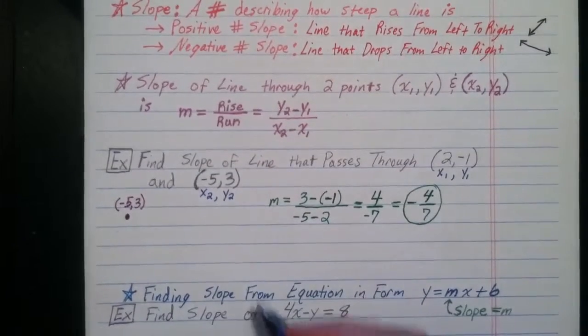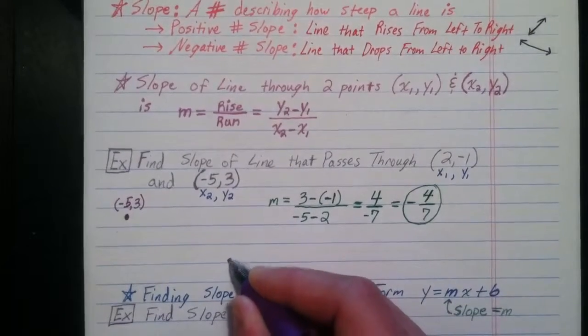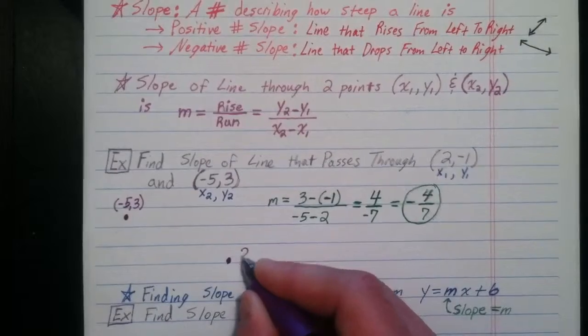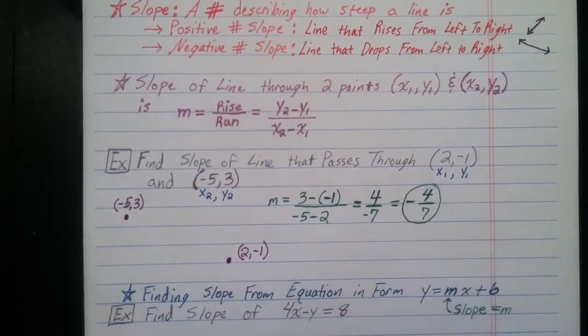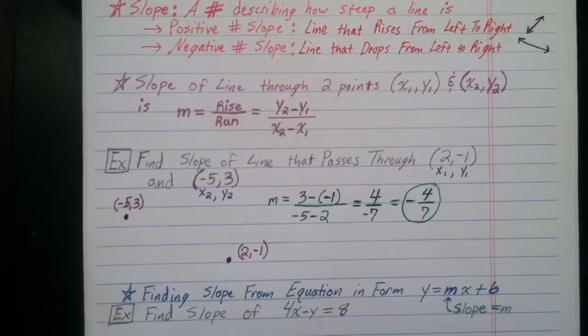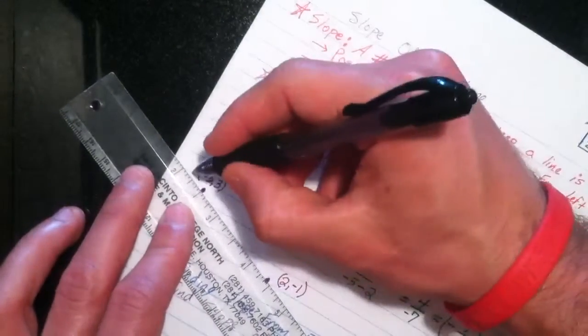And then 2, negative 1, let's say that's somewhere over here. Okay. If we had this on a coordinate grid, and we had the line that crossed these 2 points, it would look something like this.